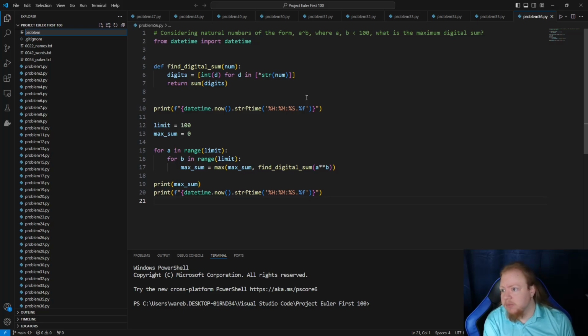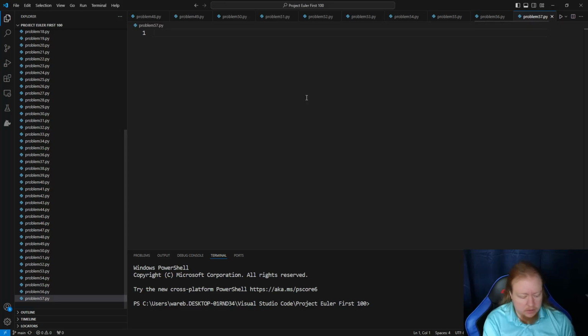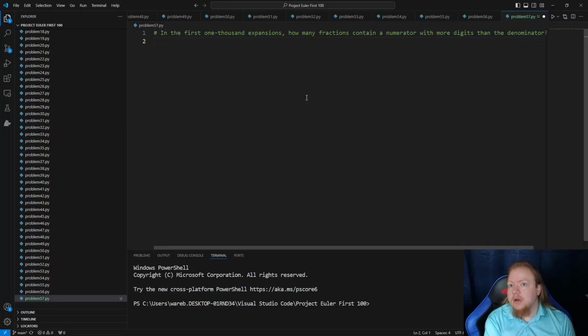So this is problem 57. Each expansion x equals num plus denom of x minus 1, divided by num plus denominator of x minus 1.